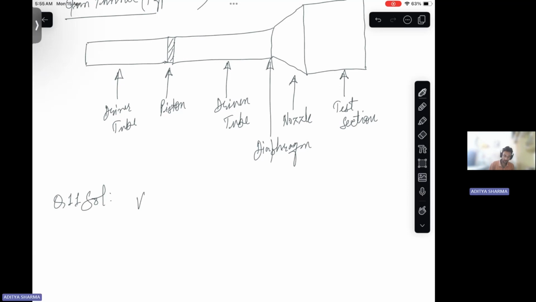Velocity is distance upon time, that is 0.3 divided by 0.513, which comes out as 584.79 meter per second.